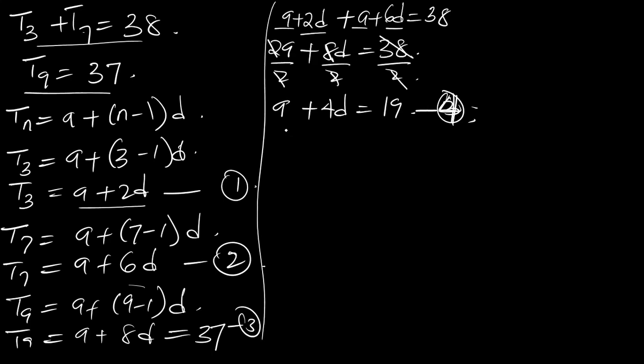Now we have gotten this equation 4, a plus 4d equal to 19. And equation 3 is a plus 8d equal to 37.